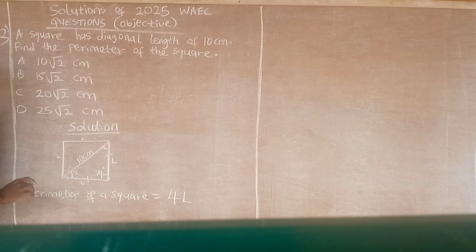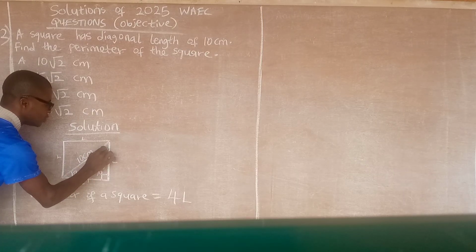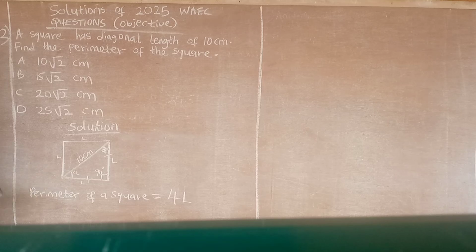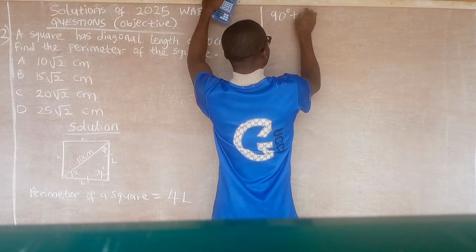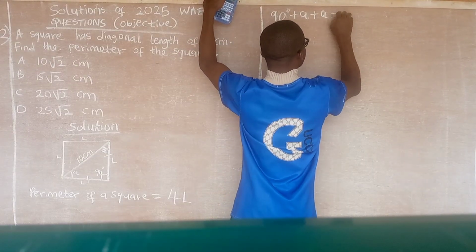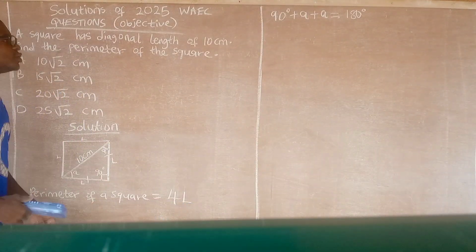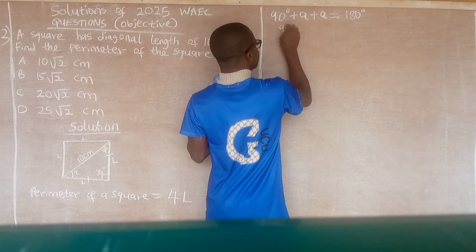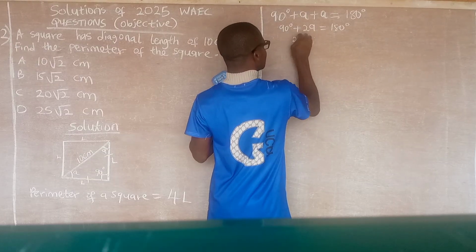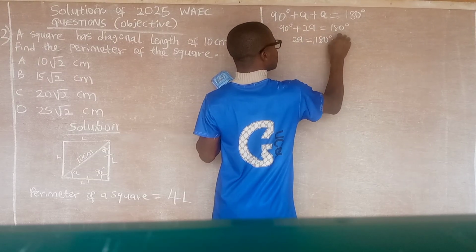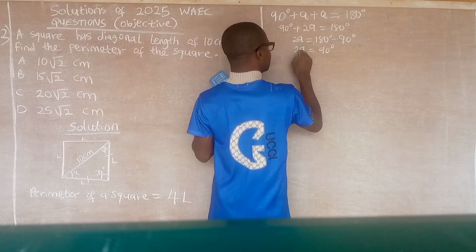So let me name this angle A. And since this angle is equal to this angle, it is also angle A. So from properties of triangle, I have that 90 degrees plus 2A equals 180 degrees, because the sum of interior angles of a triangle is 180 degrees. 2A equals 180 degrees minus 90 degrees. 2A equals 90 degrees.